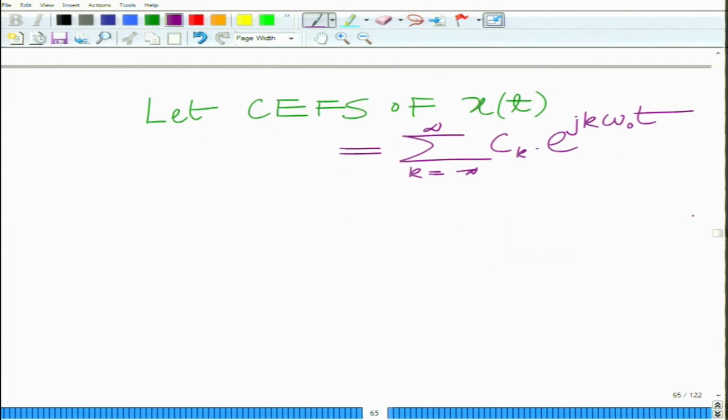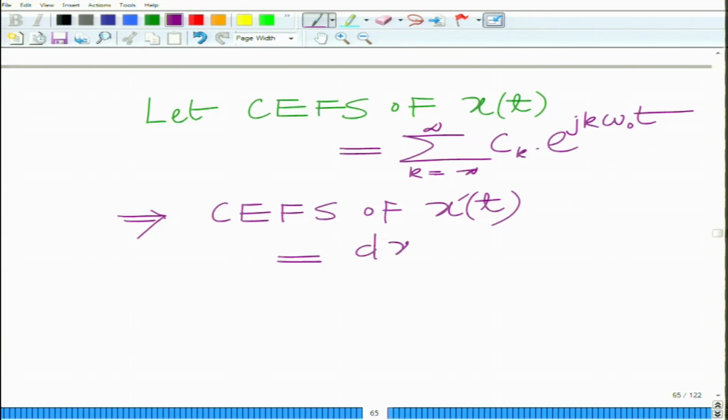Now, this implies the complex exponential Fourier series of x prime t, which is the derivative of x t, will be given as follows.